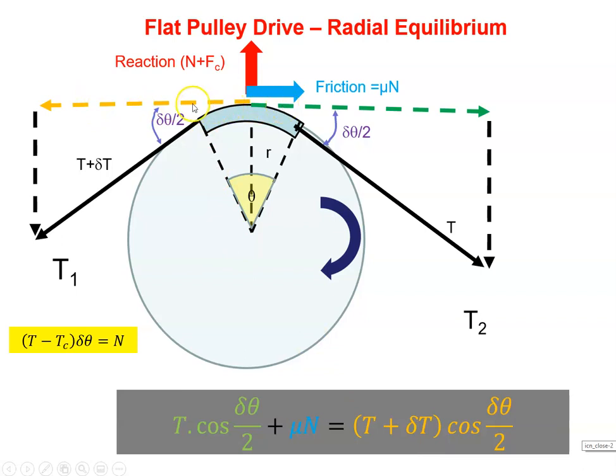And when we add that to the frictional force, which is mu times n, where n is now this value, then the total forces going in this direction must equal the total force going in that direction. So I can say T times cosine d theta over 2 plus mu n, so this plus the green, is equal to T plus dT times cosine d theta over 2.